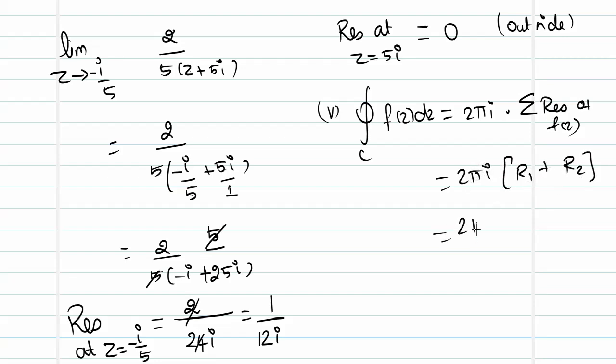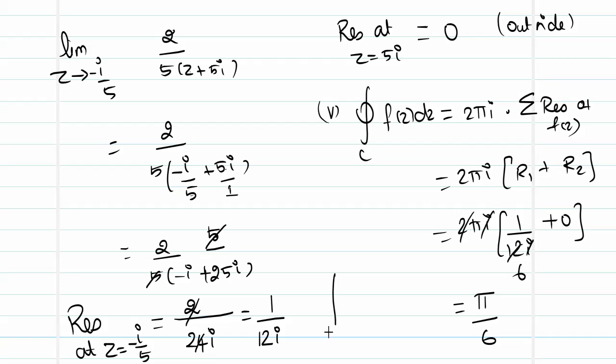So it is 2 pi i times 1 divided by 12i, and the second residue was 0. So this i can be cancelled off, 2 can be cancelled off 6 times, leaving you with pi divided by 6. Hence the integral from 0 to 2 pi of d theta divided by 13 plus 5 sine theta evaluates to pi by 6.